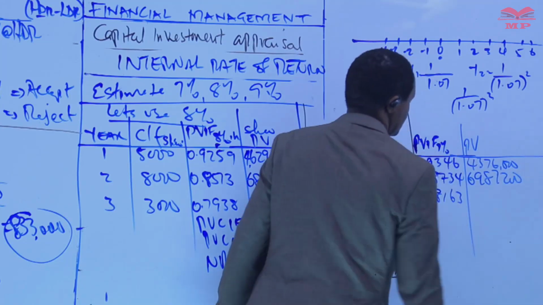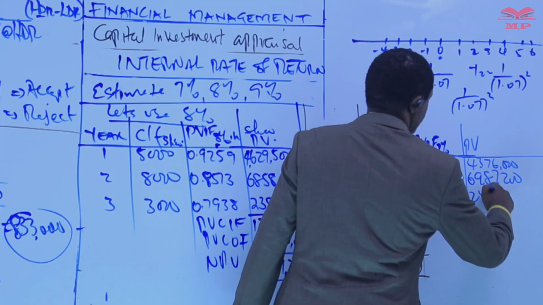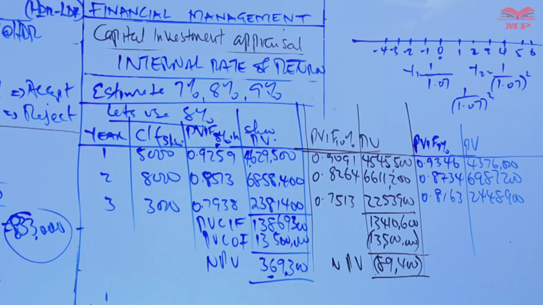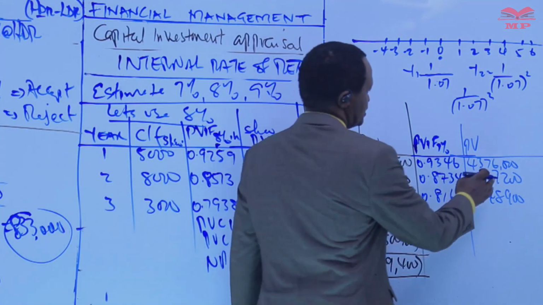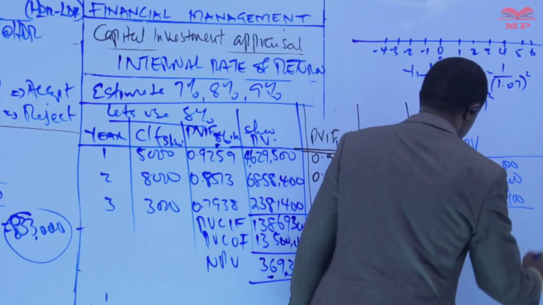Year 4, 24. Year 1, 2448, 900. 43. Year 1, 46, 73. Give me the total.